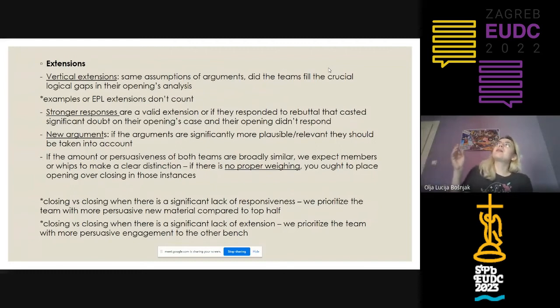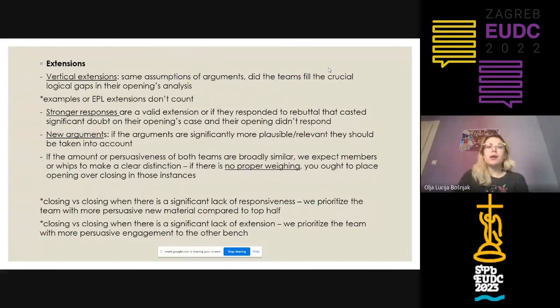But if the way in which OG's argument was made was vulnerable to O's responses, but CG added those lines that actually made it less vulnerable, or responded to opposition's rebuttal better, although this was the same argument, I think that means filling the crucial logical gap in someone's analysis.